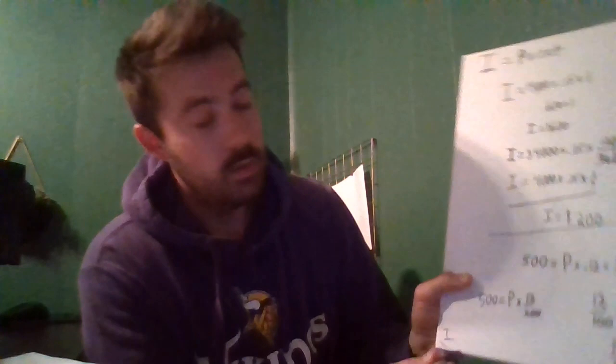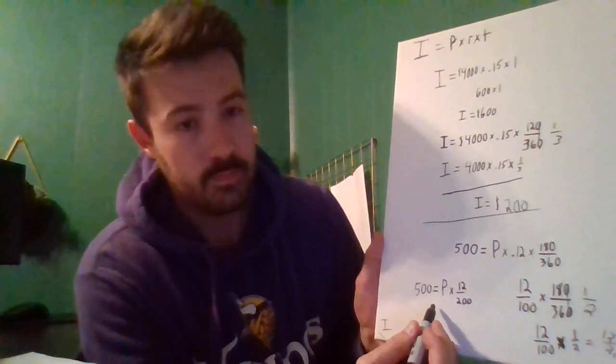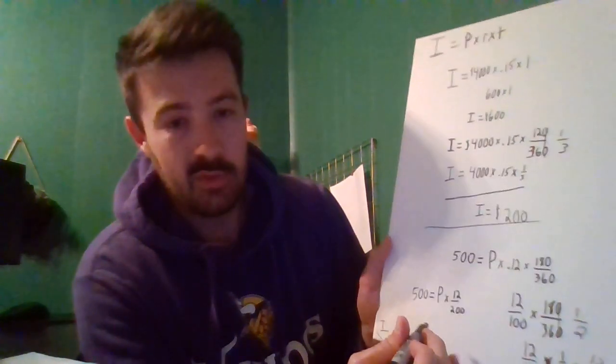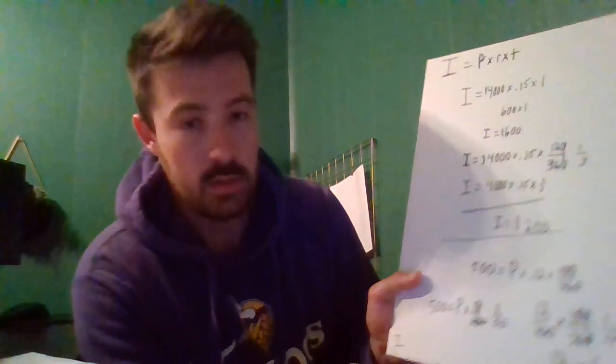Now we have 500, the interest, equals the variable P, which we're trying to find, times the 12 over 200, as you can see here. Now we can also reduce this 12 over 200, and we will. And that will come out to 3/50. You can see here.